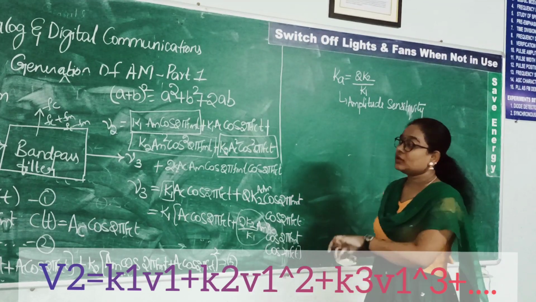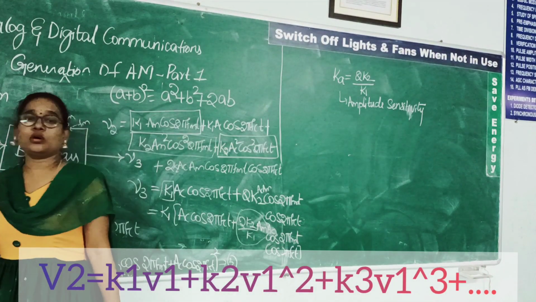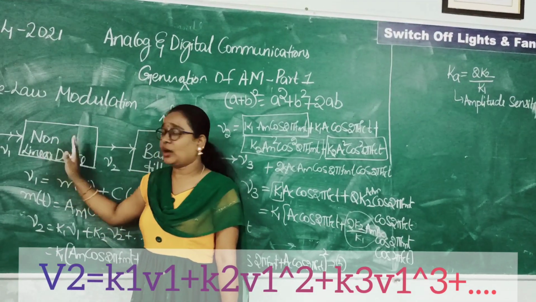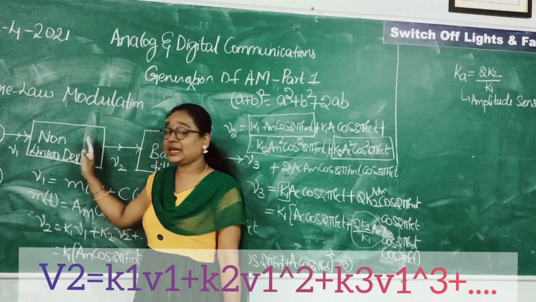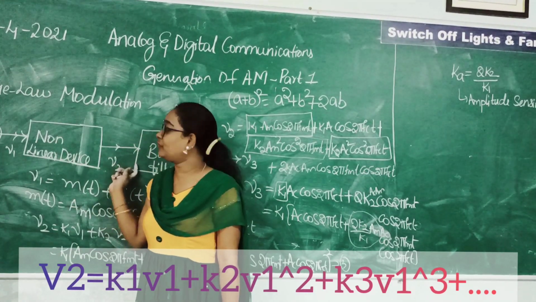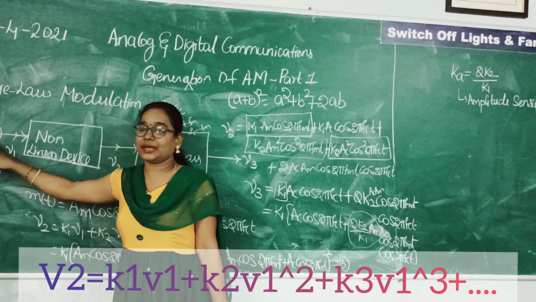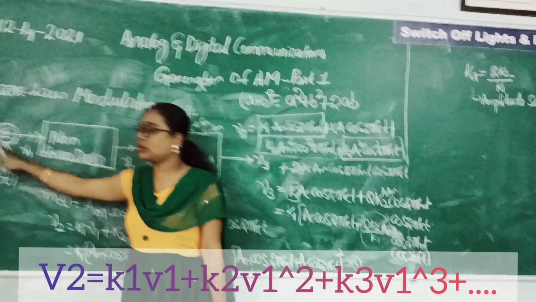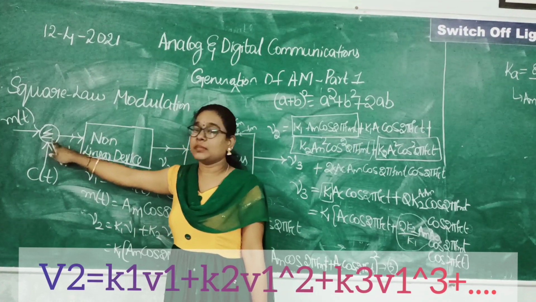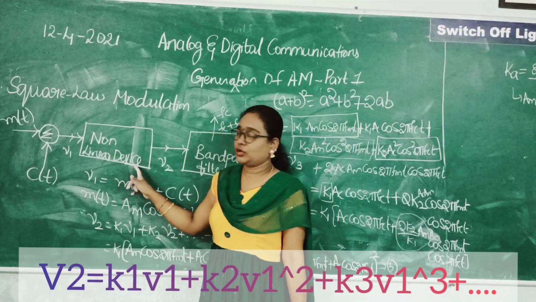It's very simple to generate using a square law modulator. The square law modulator, at low voltages, acts as a low frequency non-linear device. So that non-linear operation we are making use of for the generation of AM. So m(t) and c(t) are added together, and the output of this summer, this is addition, is given as input to the non-linear device.